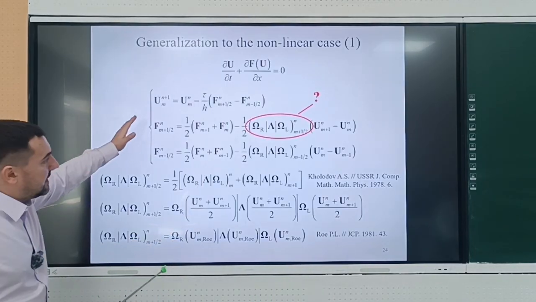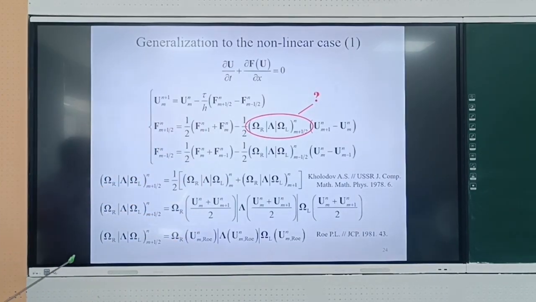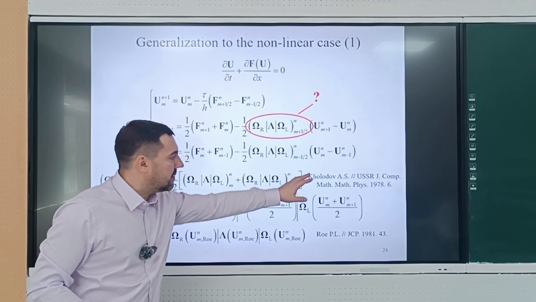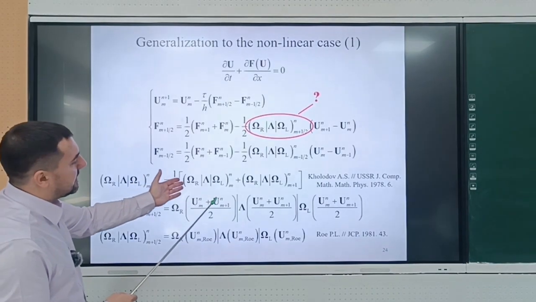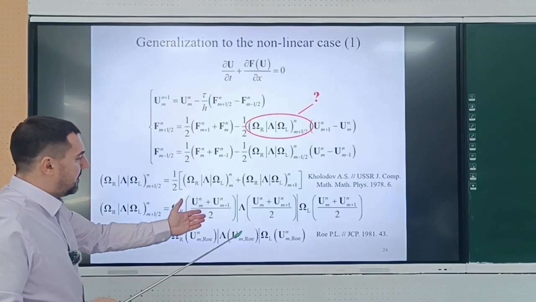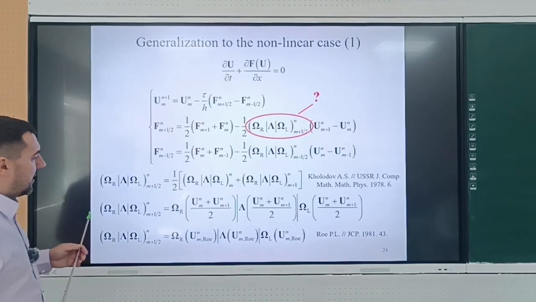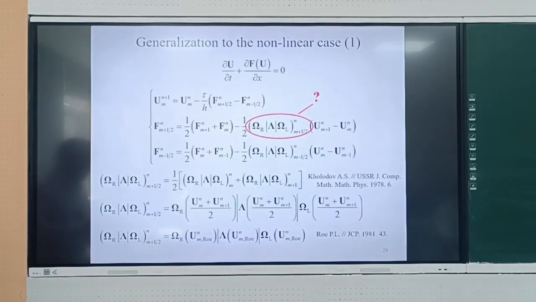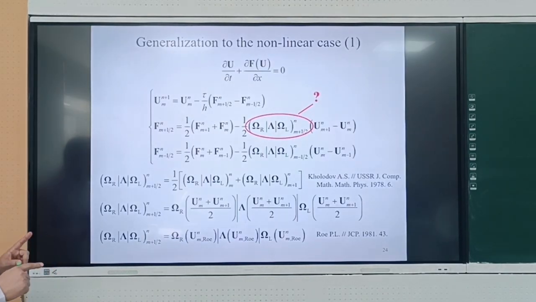And within this general framework, different authors provided different answers, and actually they obtained different numerical schemes. For example, I have already mentioned Professor Kholodov from the department where I worked, and he proposed just simple averaging of this combination of matrices to the left and to the right. The well-known paper of Phil Roe proposed some averaging for values between m and m plus 1.